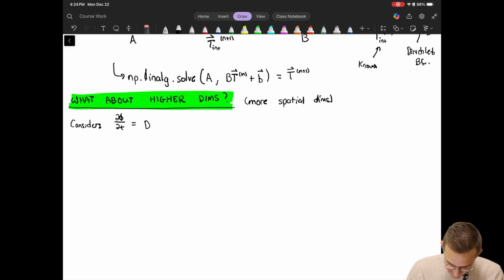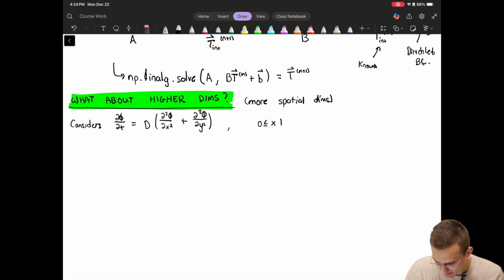So let's go. This time we're going to do the same type of equation, but we're just going to have x and y, and we'll be solving for phi. So we have the Laplacian in 2 dimensions on the right-hand side this time. And we'll say our domain is just between 0 and 1 for both x and y.